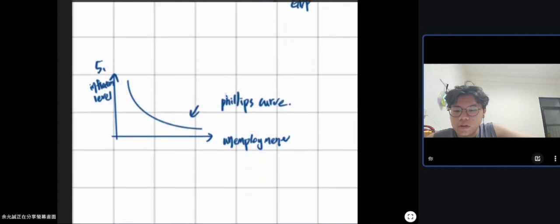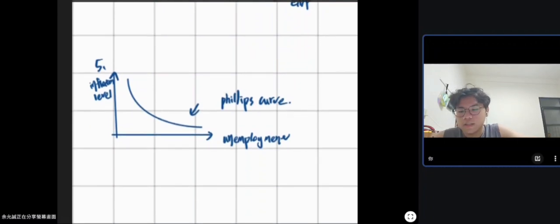You can take a look at this graph, which represents the relationship between inflation and recession. This graph is called the Phillips curve, which plots the relationship between inflation and unemployment.